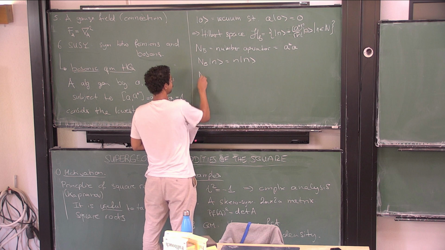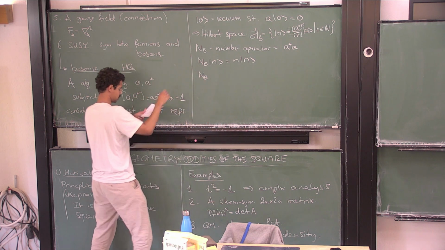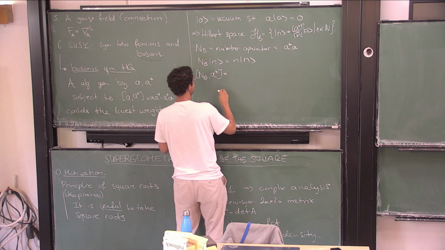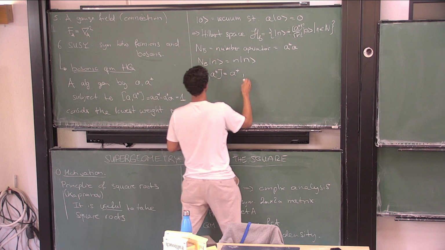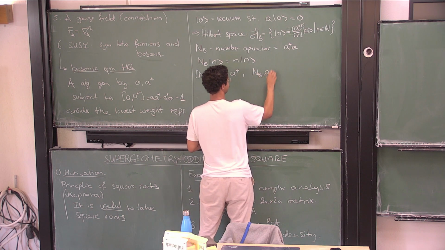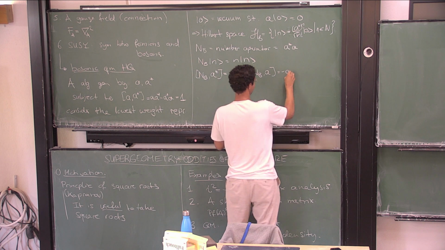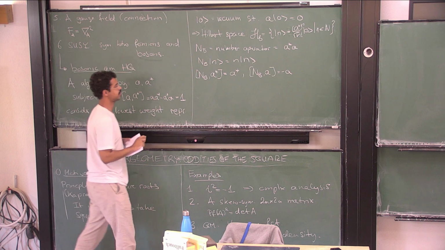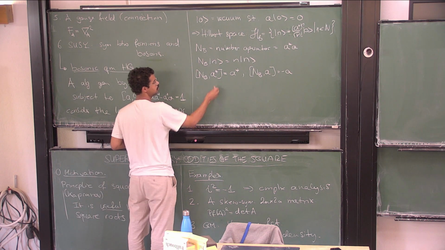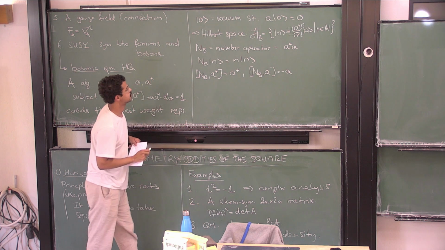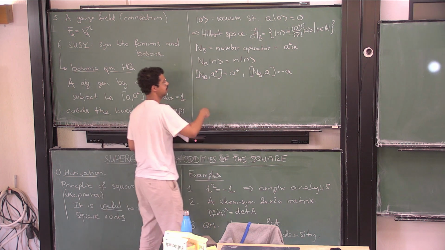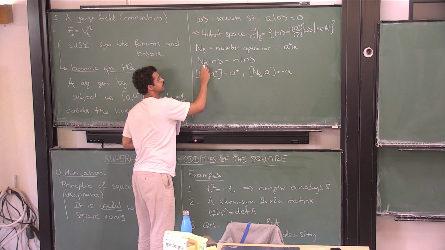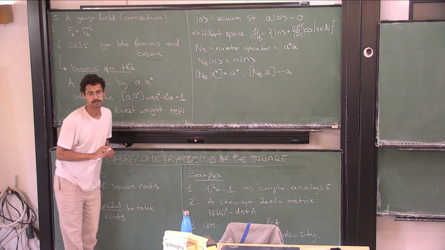Moreover, you can show the following commutation relation: the commutator of N_B with A star is just A star, and with A it is minus A. Essentially this relation means that A star of n has eigenvalue n plus 1 under N_B.